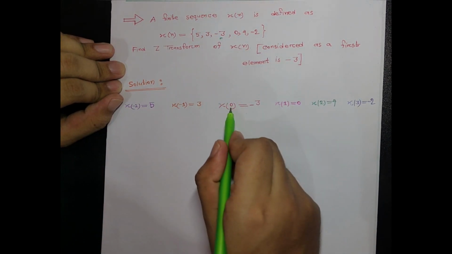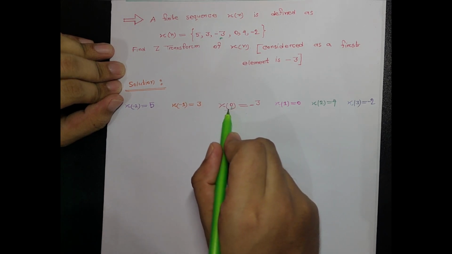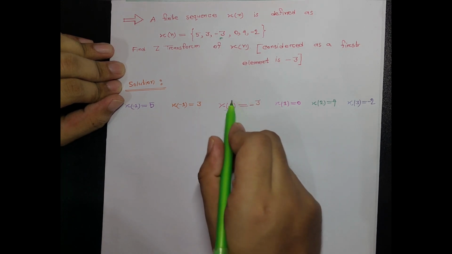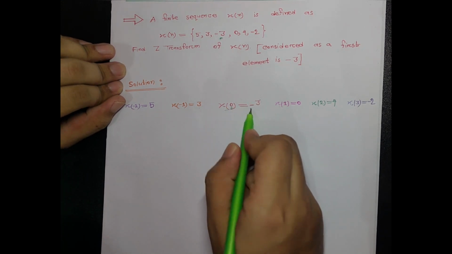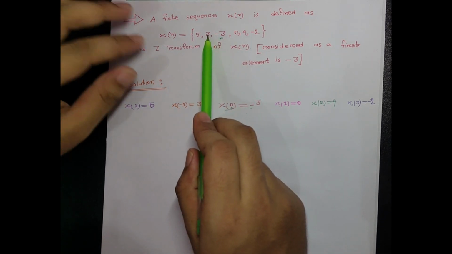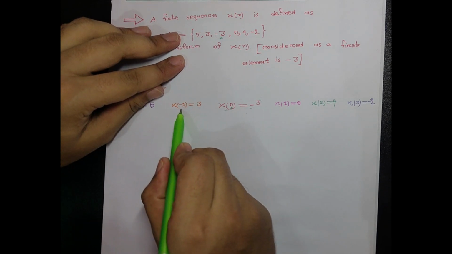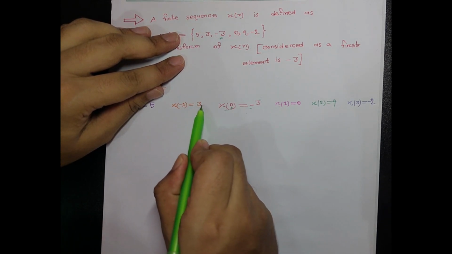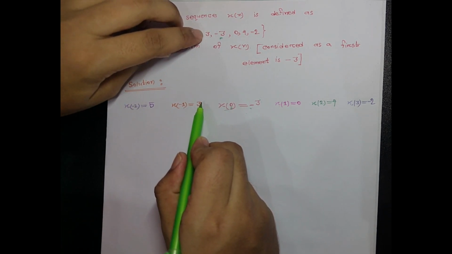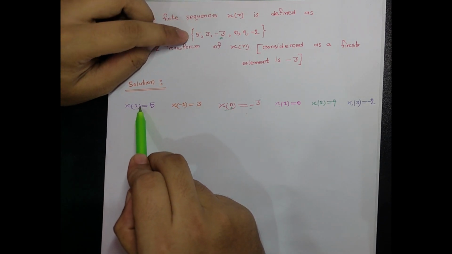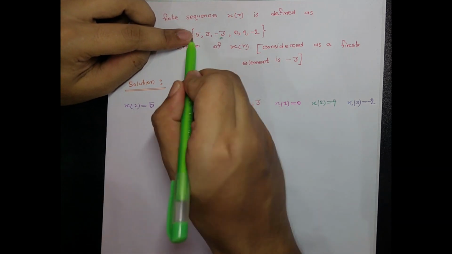that means x of 0 equal to minus 3. On the left side, x of minus 1 equal to 3 and x of minus 2 equal to 5.